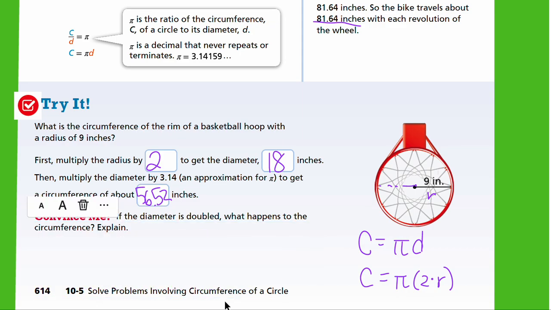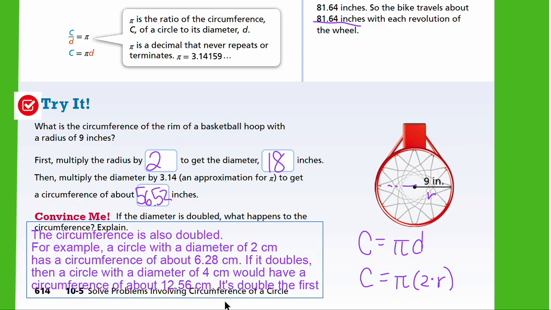It's double the first circle, right? So, yep, if you try that with other examples, it always works.